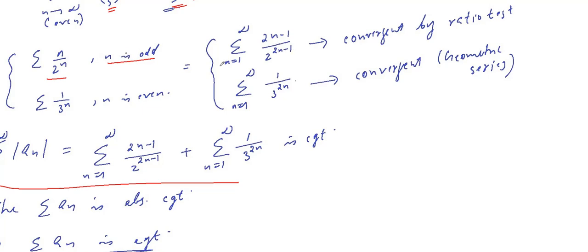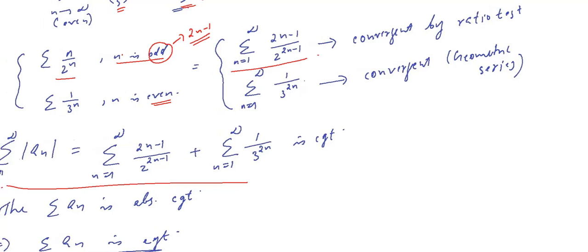You will get the same terms: as n is equal to 1, you get 1 by 2; as n is equal to 2, you get 3 by 2 to the power 3. That means I replace the odd n by 2n minus 1, because if I write 2n minus 1, I always get odd numbers. So I've rewritten the series like this. Similarly for even terms, I just replace n by 2n, with n equal to 1 to infinity.